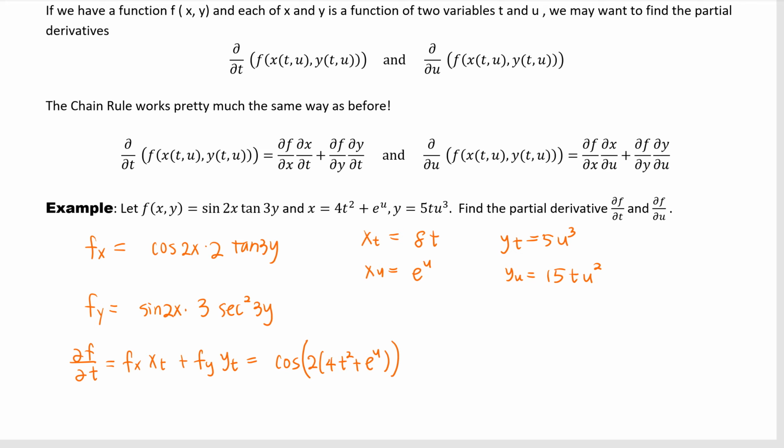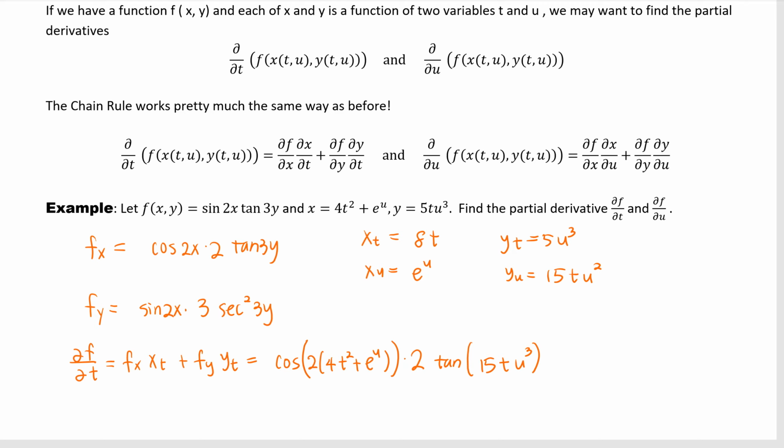Then we still have the 2 and tangent 3y. 3y is 3 times 5u cubed, 15u cubed. Okay, so this is partial f partial x.